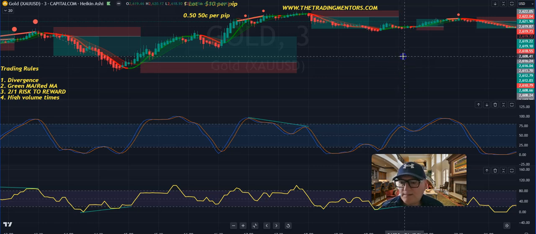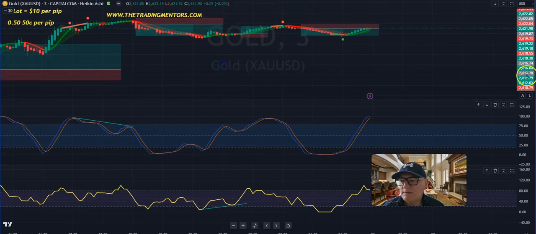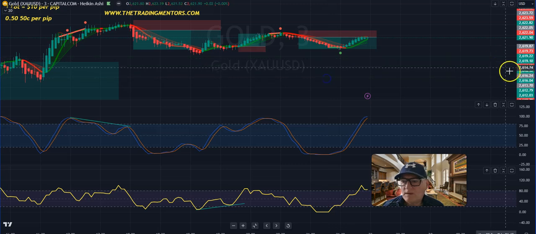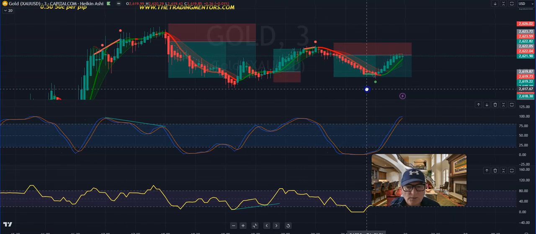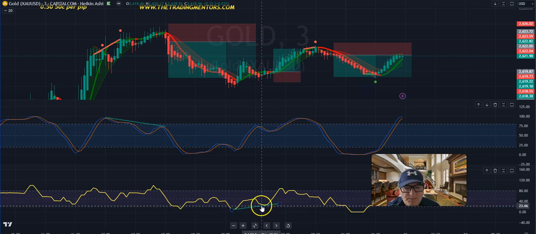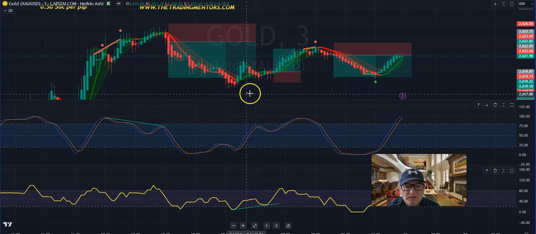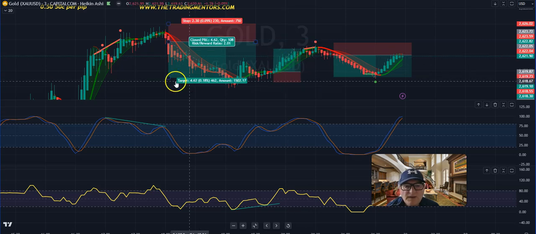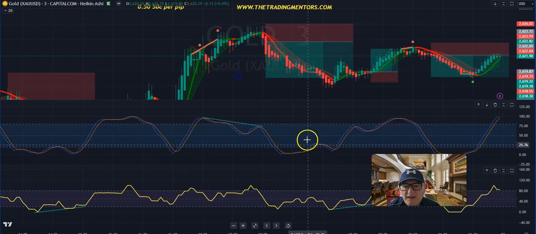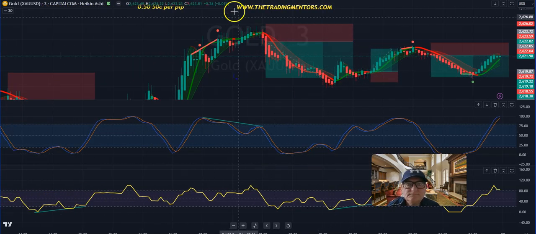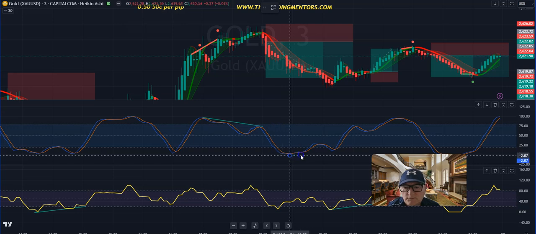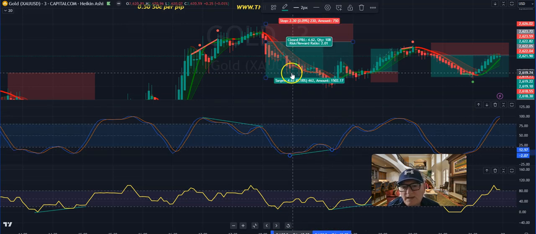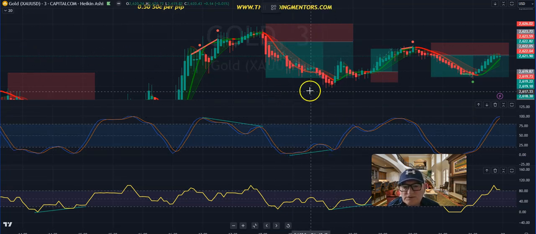So what I mean by that is, let's go to this one here, widen that out a little bit, and we can see as an example this positive divergence here, which is a continuation pattern. And here, let me draw a line, there. So that is the positive divergence there.